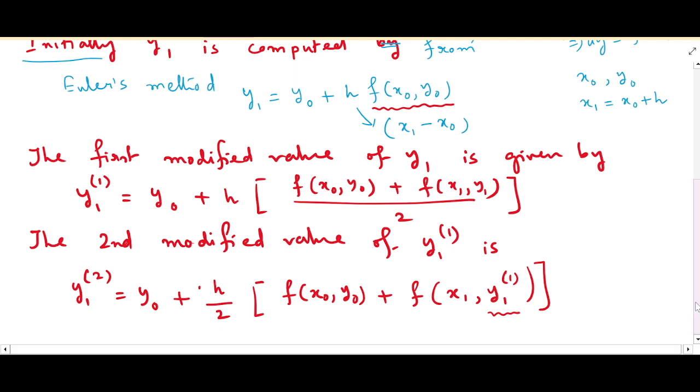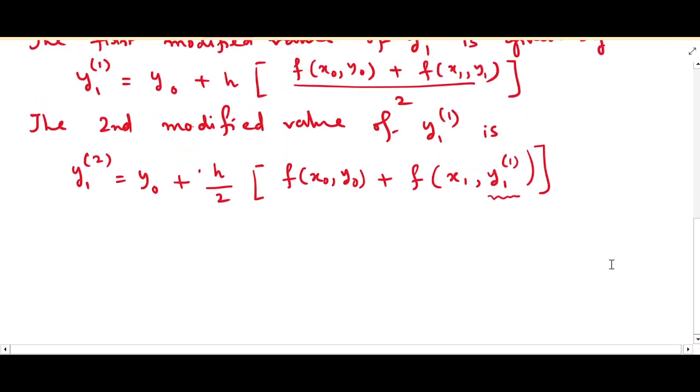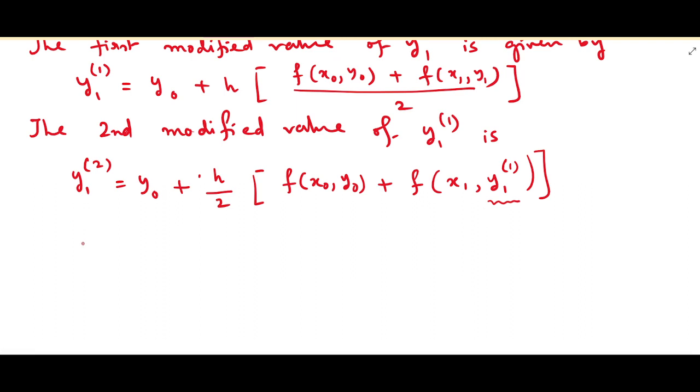Now the thing is, how many times do you have to modify it? In the example you will get an accurate idea, but here I am telling you a little. You'll see that y1 to the power 1 we are finding, y1 to the power 2 also we get.